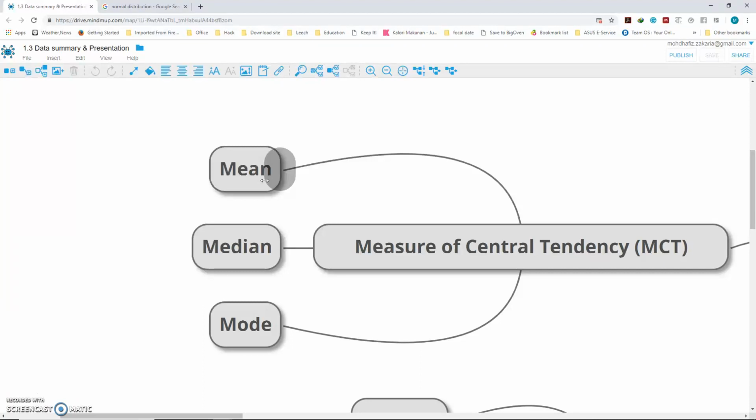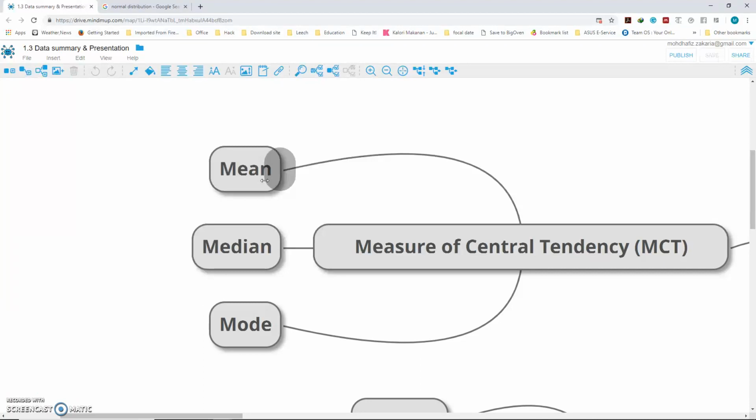Just imagine that this person gets number 1, this person gets number 2, this person gets number 3, and then the next person gets number 4. We cannot say that the person in number 2 is 2 times better than the person that gets number 4, because the interval is not the same.